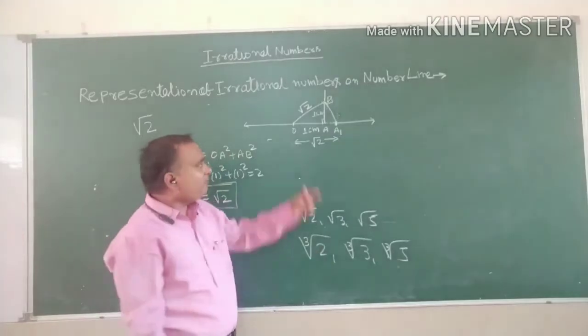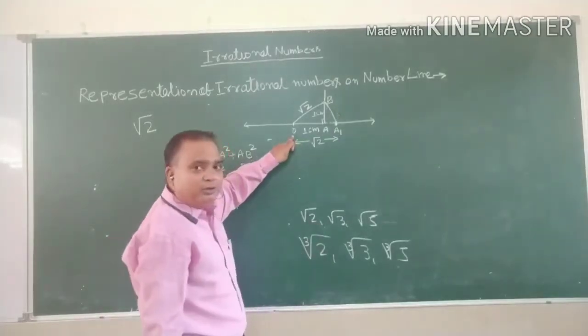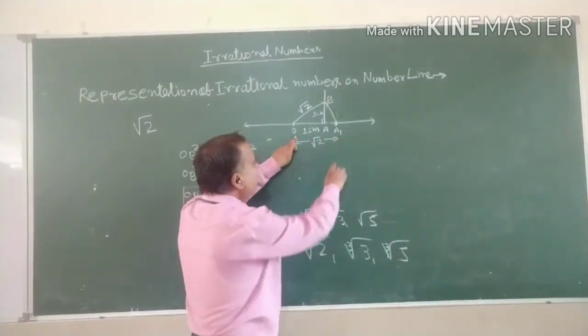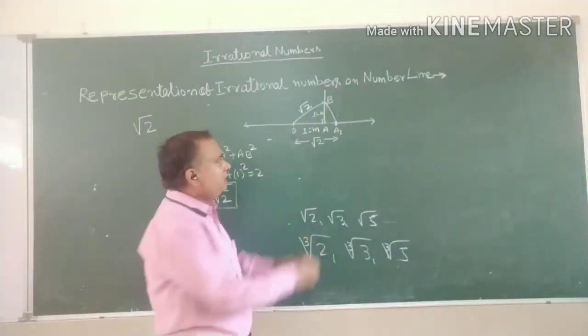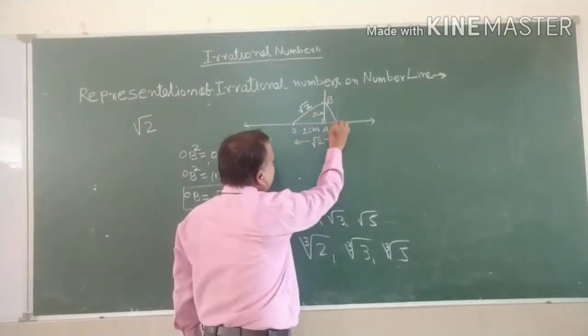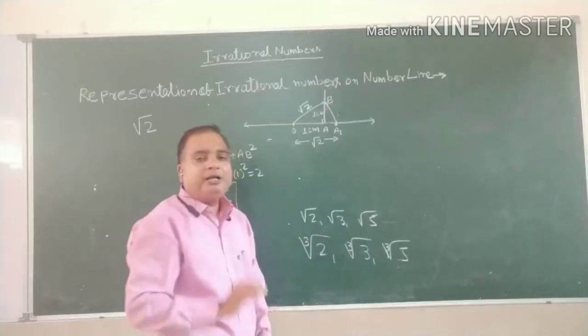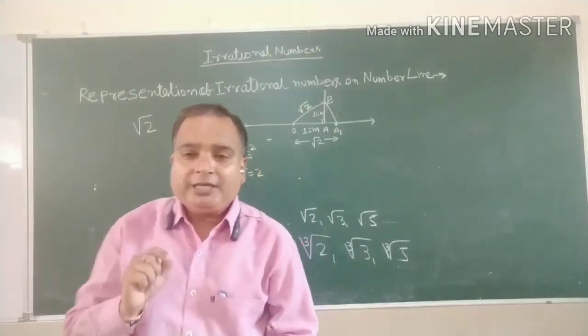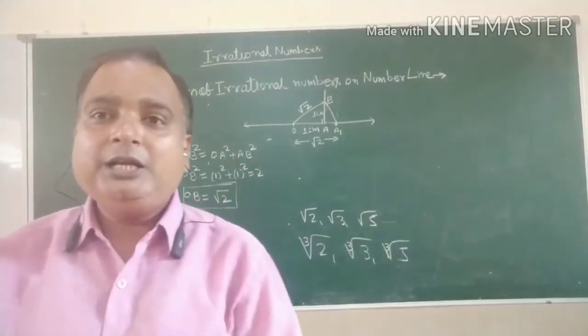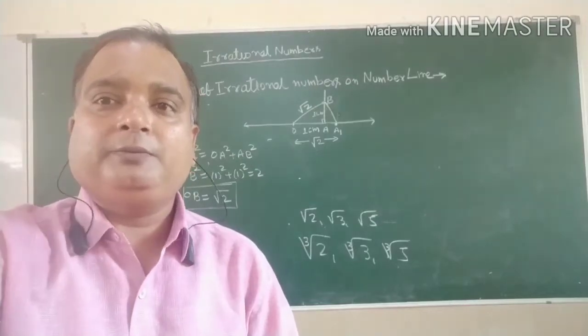So we can say the distance between point O and A1 is root 2. Now this is the representation of root 2 on the number line. Similarly, we can also represent root 3, root 5 and root 7.